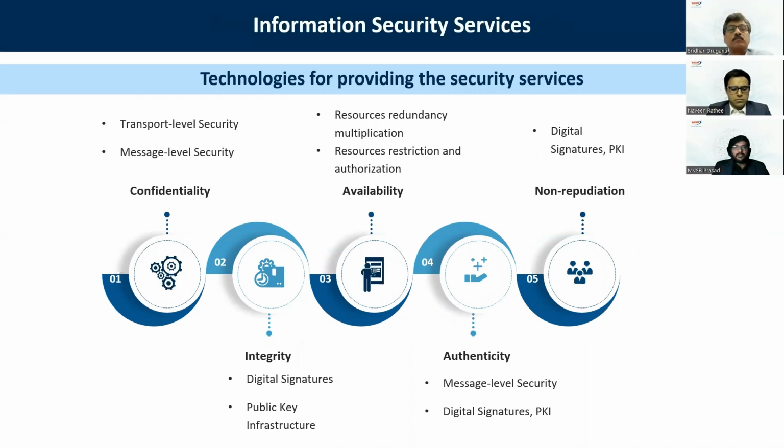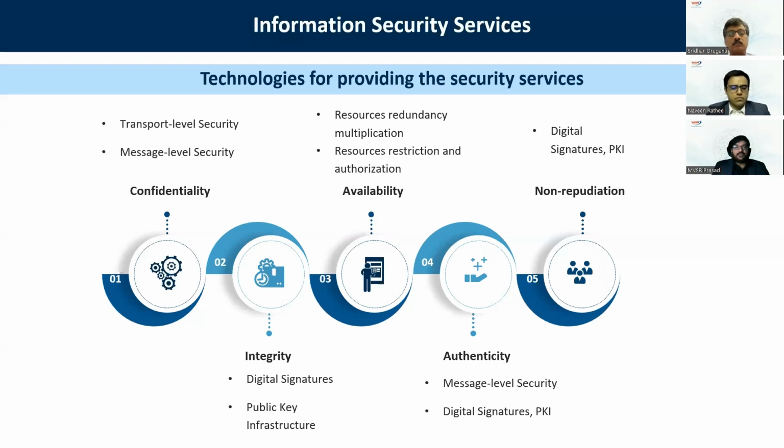We have two types of message level security. But before that, these are the standards of information security services which need to be considered for any middleware framework. For example, confidentiality, where transport level security and message level security must be applied. Integrity, where communication between multiple systems is organized through digital signatures, public key infrastructure or CA certificates.